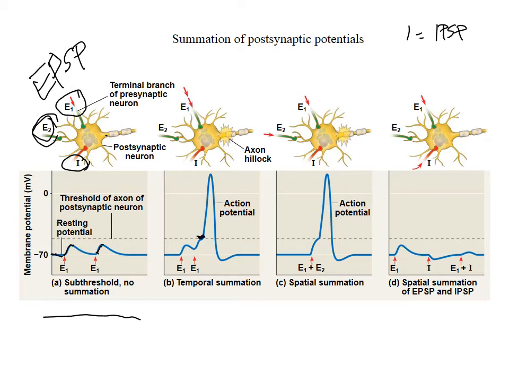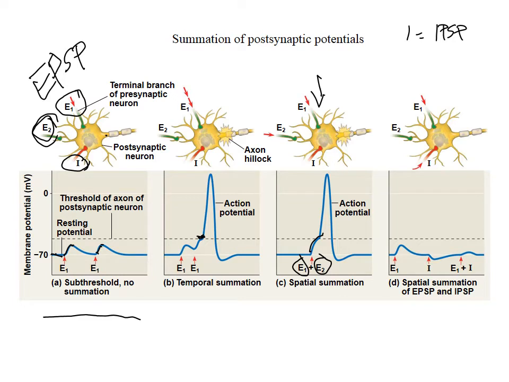In this picture over here, you can see spatial summation. So what is happening here is that the two excitatory events are actually being added up because they're occurring at the same time, and you get to the threshold and you get an action potential.